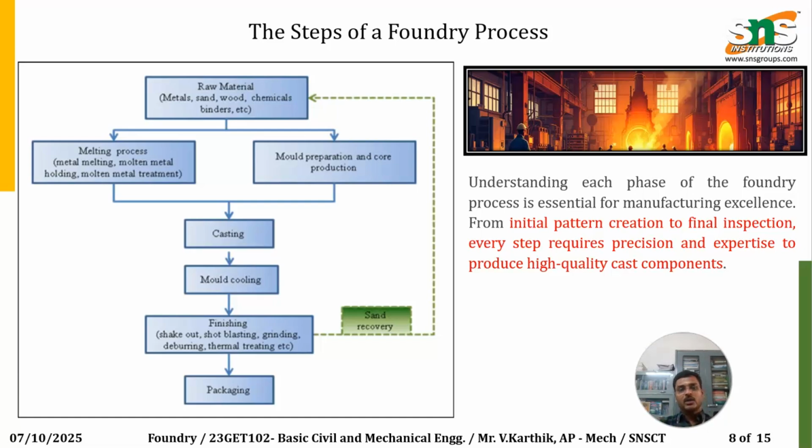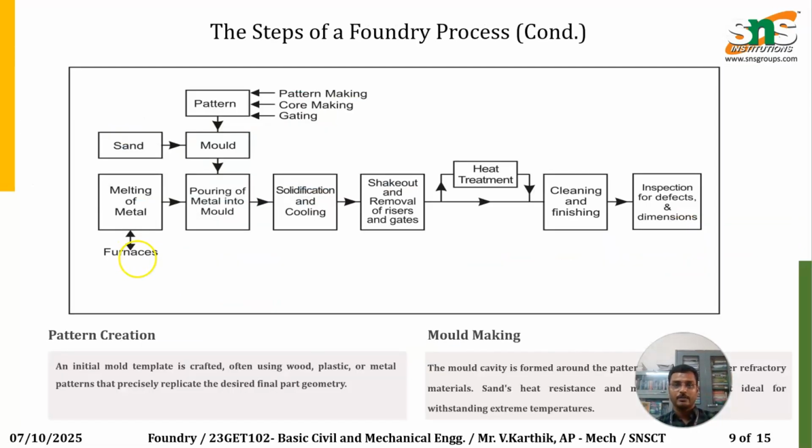And then casting, molding, cooling, finishing, and then packaging. Understanding each phase of foundry operations is essential for manufacturing excellence. From initial pattern creation to final inspection, every step requires precision and expertise to produce high quality cast components. This is about the steps in foundry operations.